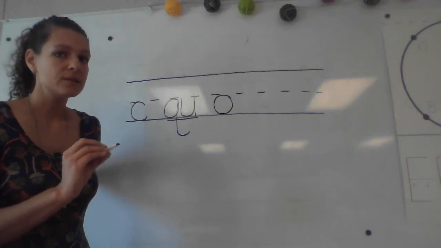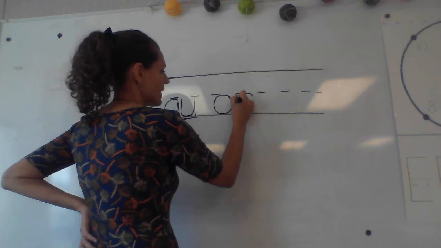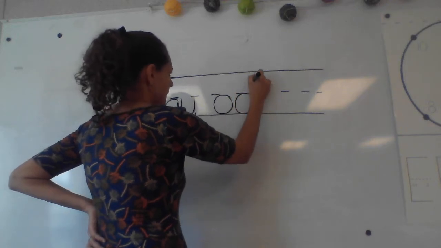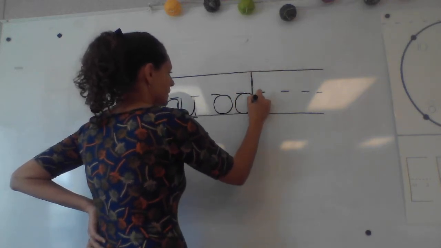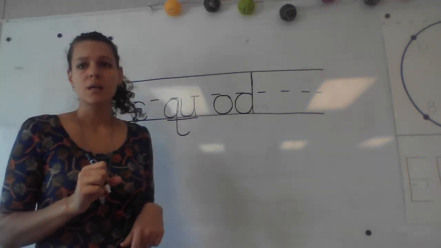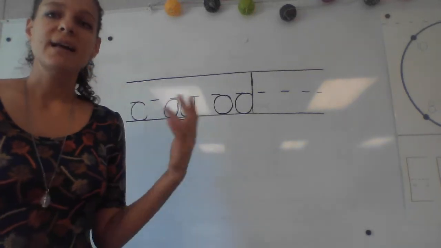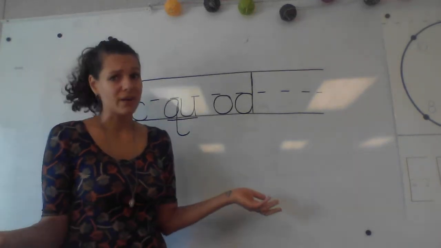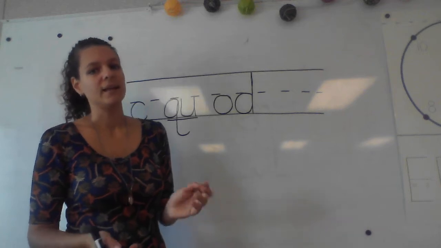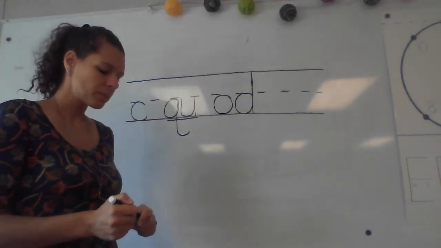Excellent, over a space just below the dotted line, touch 2 on the clock. That way we're never going to get it mixed up with b. I think I told you when I was younger, I used to get d and b mixed up because nobody taught me the starting spots. But now that I know the starting spots, I know I'm never ever going to make that mistake again. So make sure you're using those starting spots to help you out.